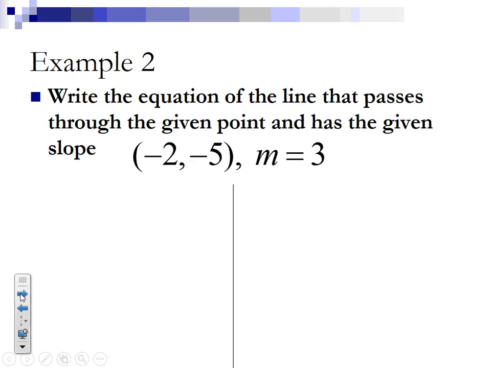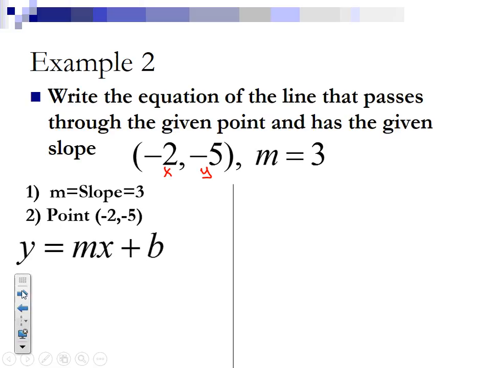Here's example number 2. We have to write the equation of a line that passes through the given point and has this slope. So here's my point, this is going to be x, y, and my slope. We can do it one of 2 ways. First way we're going to talk about is if we have a slope of 3 and the point (-2, -5), I can use y equals mx plus b.